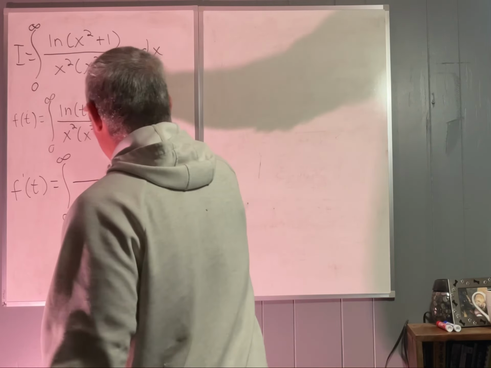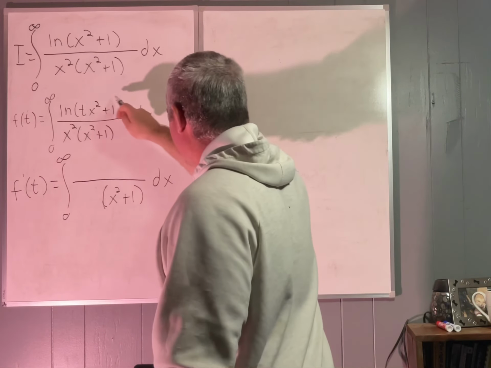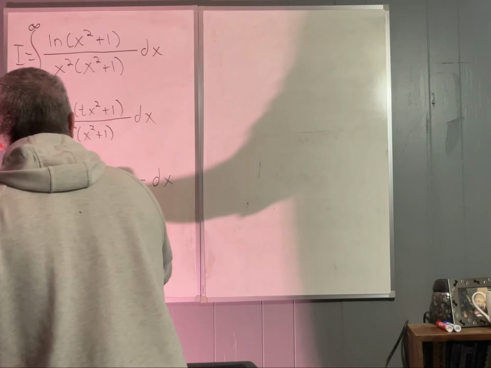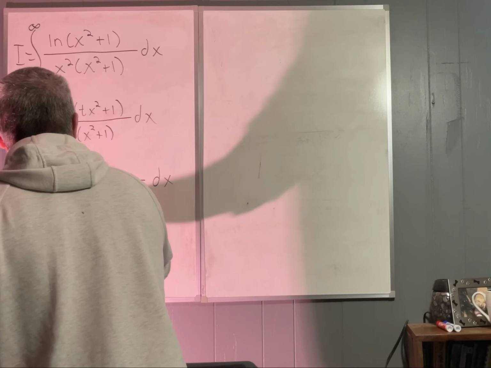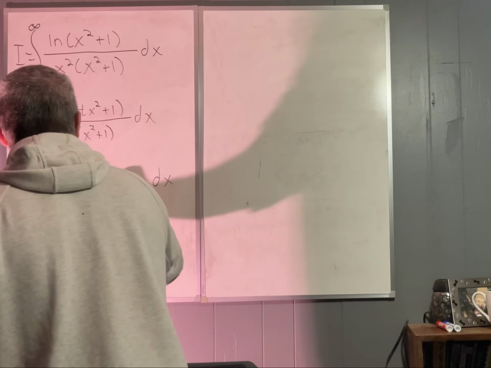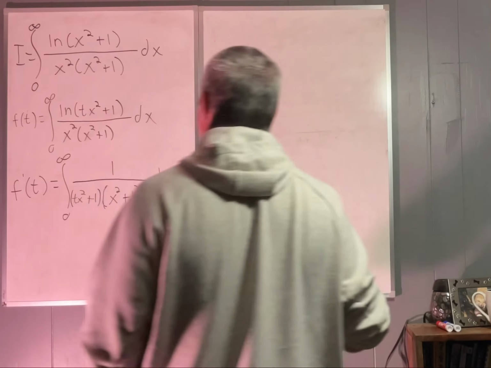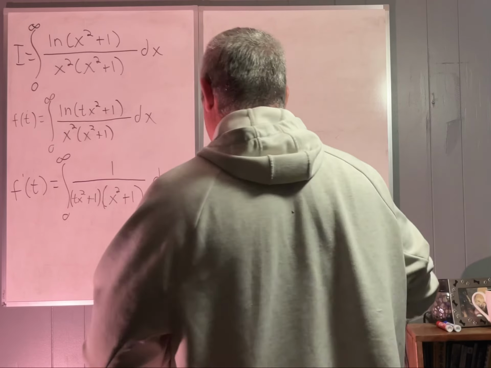And then you will have 1 over this part inside the natural log: tx squared plus 1. So that's our f prime of t.